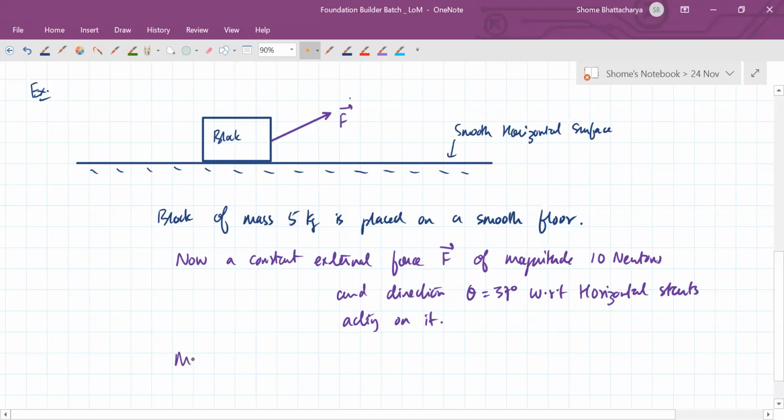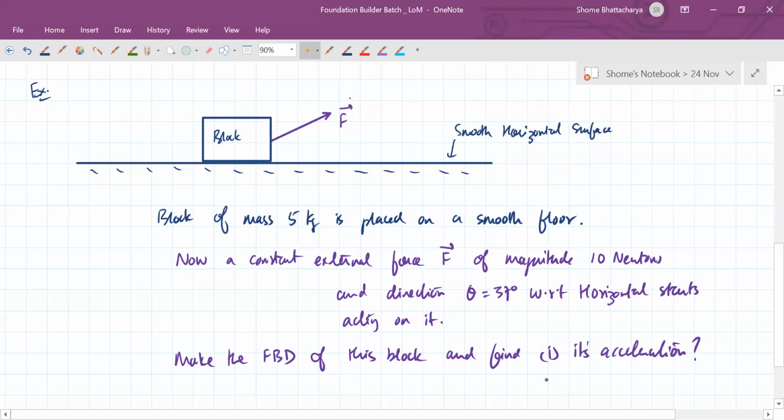So we have to make the free body diagram, which we refer to as FBD, of this block, and find its acceleration and normal reaction force on it. Take g to be 10 meters per second square.